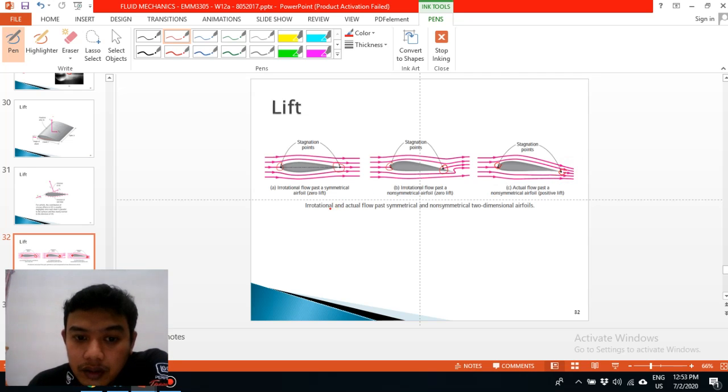If you can see here for the second picture, due to this shape the flow is not smooth, but in the actual flow past, the flow will be smooth.